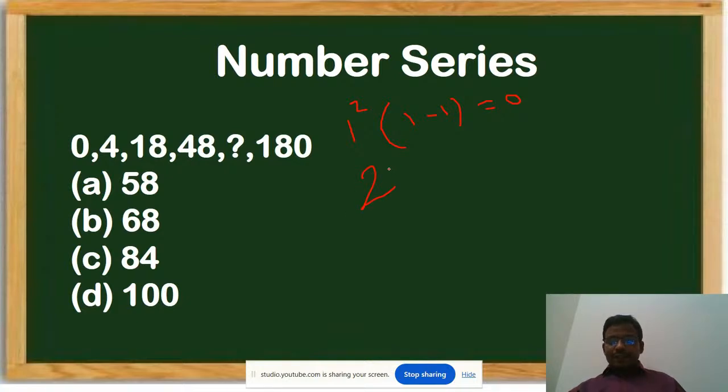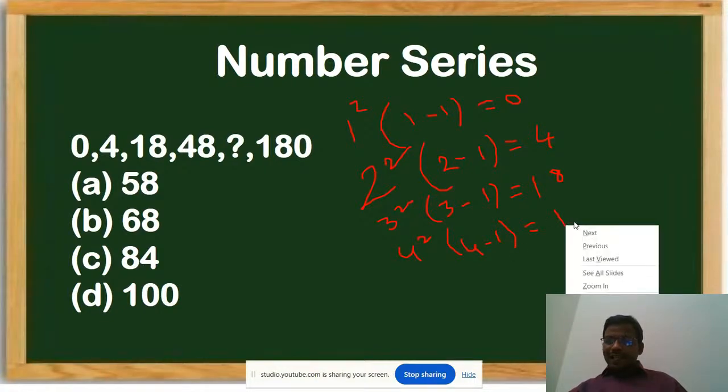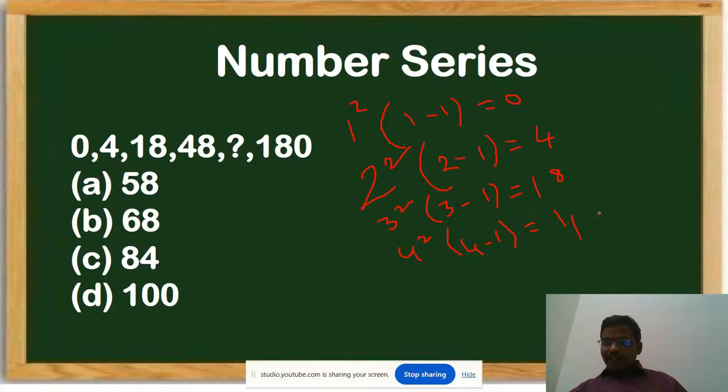Similarly, 2 square, nothing but 4, into 2 minus 1, is 4 into 1, 4. 3 square into 3 minus 1: 3 square means 9, 3 minus 1 is 2, 9 twos are 18. 4 square into 4 minus 1: 4 square is 16 and 4 minus 1 is 3, 16 threes are 48.